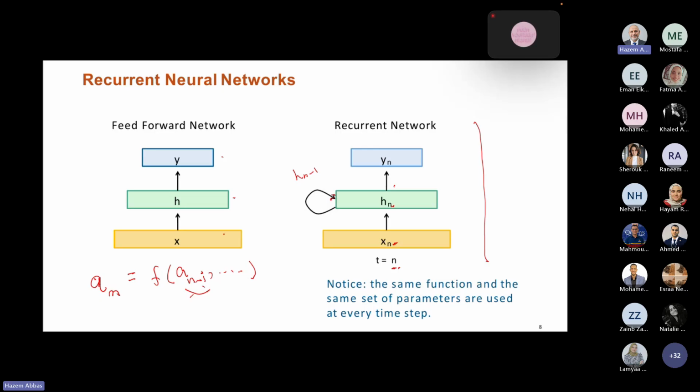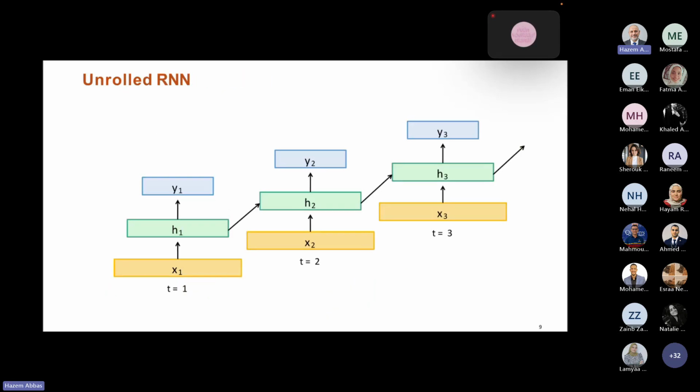Unroll means that we're going to draw the same network, but at different instances. At time t equals 1, the first time, we have input x1 producing hidden layer h1, producing output y1.